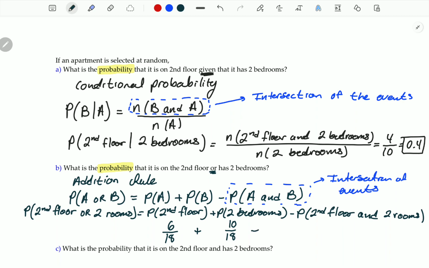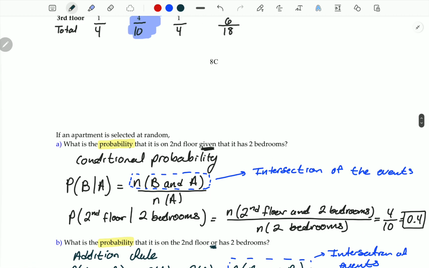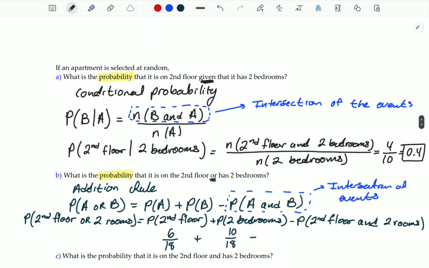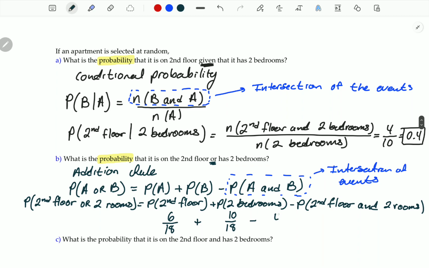Minus, to avoid double counting, we must subtract the intersection of the 2 events. Out of 18 apartments in the building in total, 4 apartments are both on the second floor and have 2 bedrooms. So that's minus 4 over 18. Same denominators, combine the numerators.